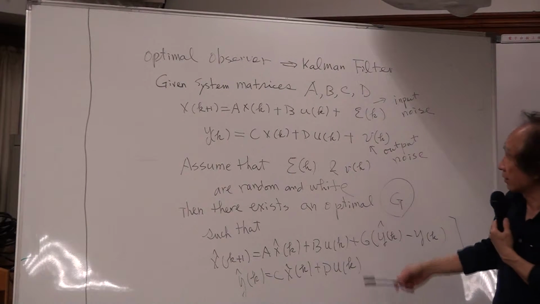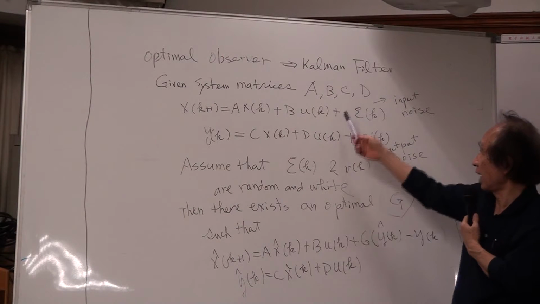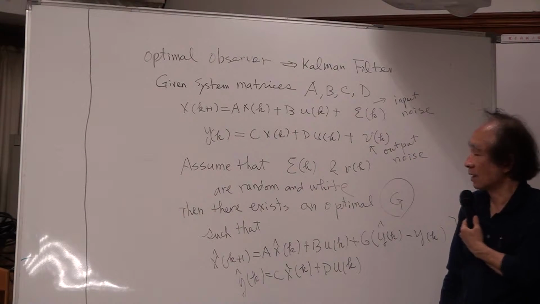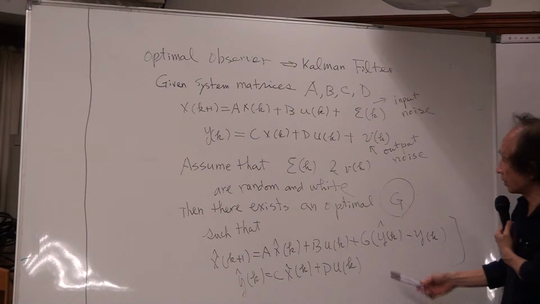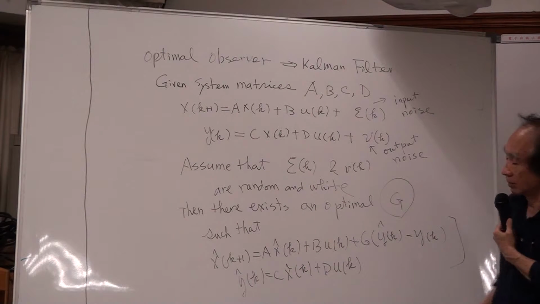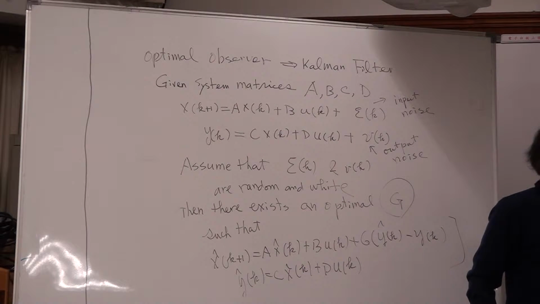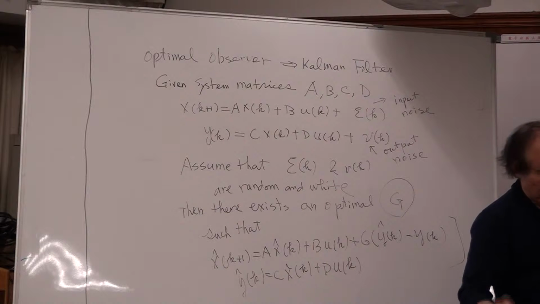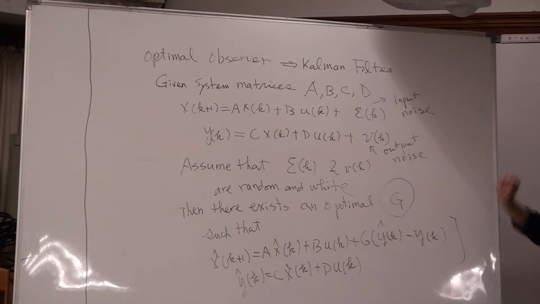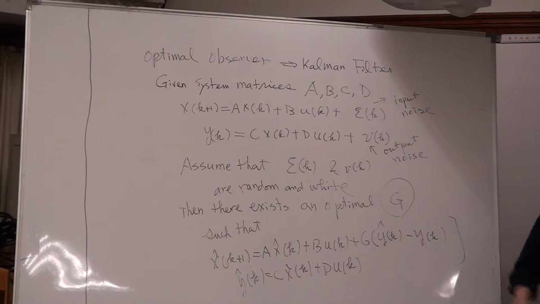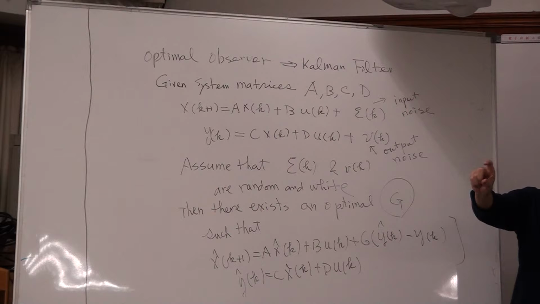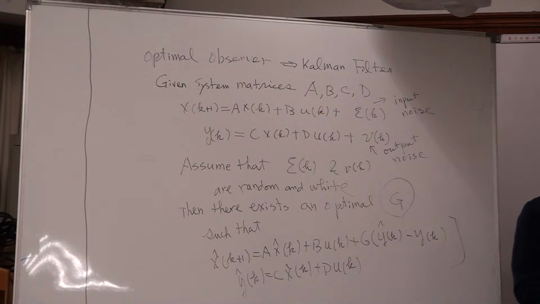You may have some error like that, and if you have some error, then this estimation won't be too good. That's just the exact description of the Kalman filter based on what you learned. Just the Kalman filter, there's a book, you can talk about the Kalman filter for the whole semester.